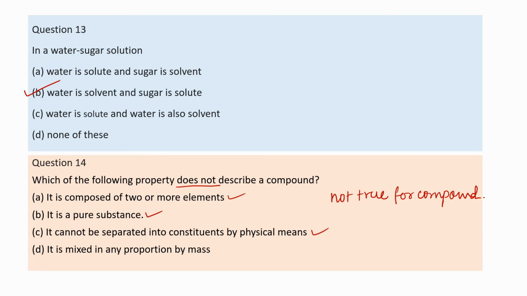It is mixed in any proportion by mass. No, it is wrong. There will be a fixed ratio. Whenever we are making a compound, there will be a fixed ratio of elements and molecules. By that only we can make a compound. So option D is not true for the compound, and that's why that is the correct answer for this question.